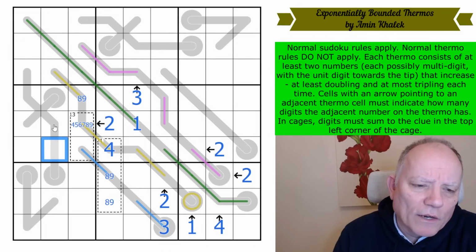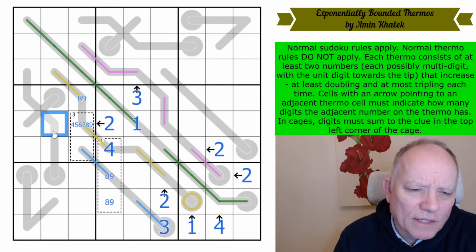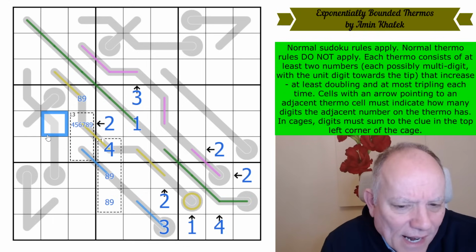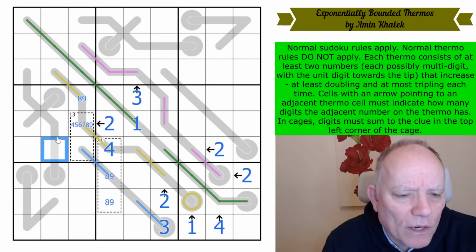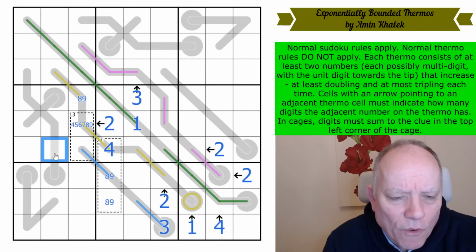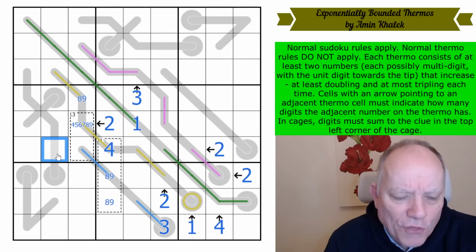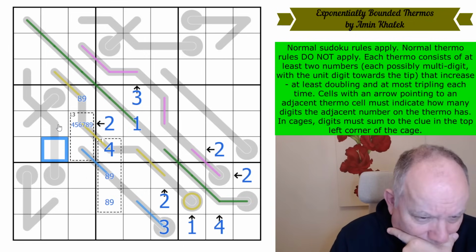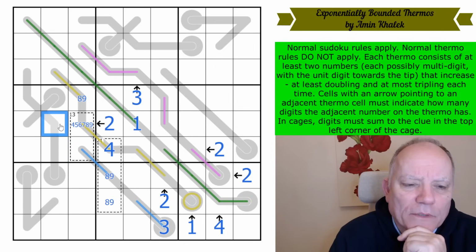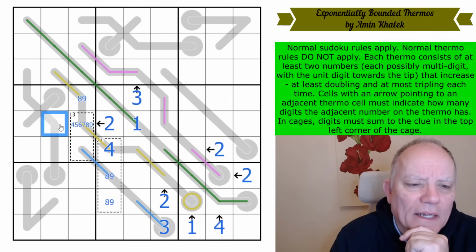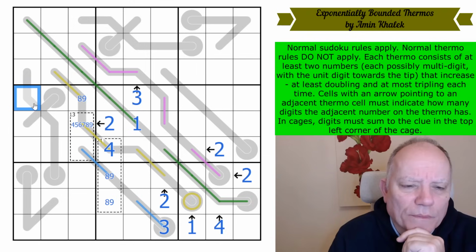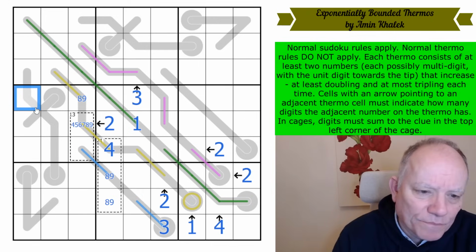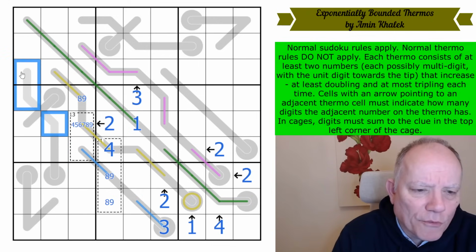If it went 1, 1, 1, 2, I mean, it would be at least 4. That's not really... Oh no, okay, if this went 1, 1, 1, this cell couldn't be 2 or 4. It would have to be 3. This would go 1, 3. Then this would be somewhere between 6 and 9. And this would probably begin with a 1 or a 2. This cell can't go 2, 3.